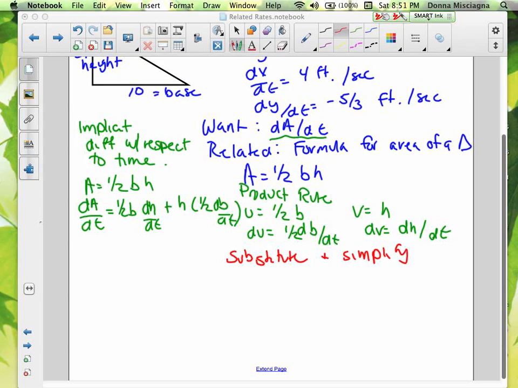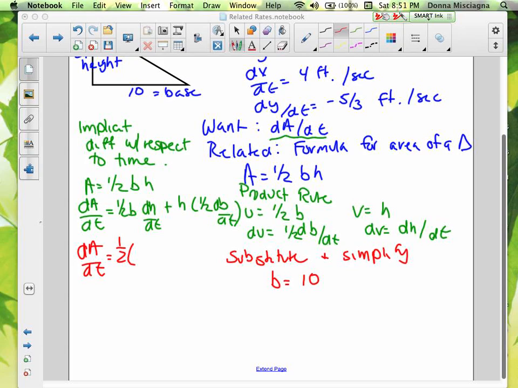Okay, so now we're up to the easy part. So dA dt equals 1/2 times the base, which was 10. Actually, instead of putting base and height, I could have put x and y, if you like that better.